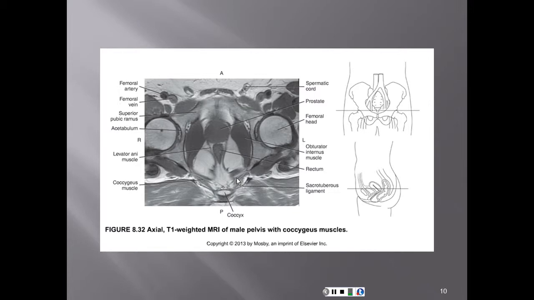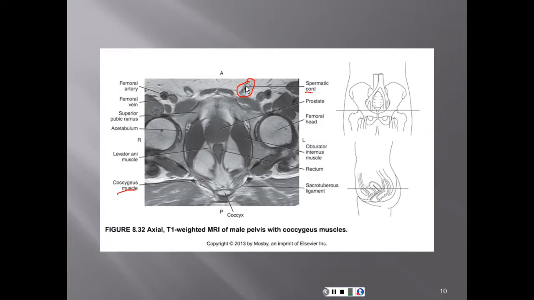Axial T1 weighted MRI of the male pelvis with the coccygeus muscle. Coccygeus muscle. Right there. You should be able to tell whether this is a male or female just from the spermatic cord. This is the area where the testes burrow down into the scrotum. Females will not have this area.